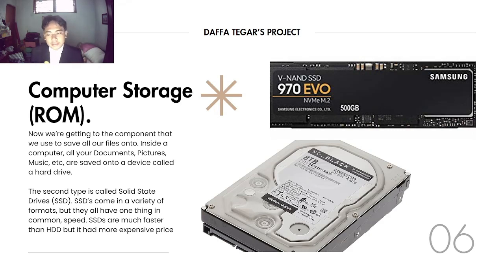HDD usually has a cheaper price and more storage, like more bytes you can store in there. SSD is more expensive, but it processes much faster than HDD, or hard disk.